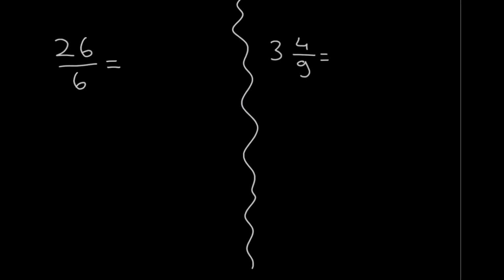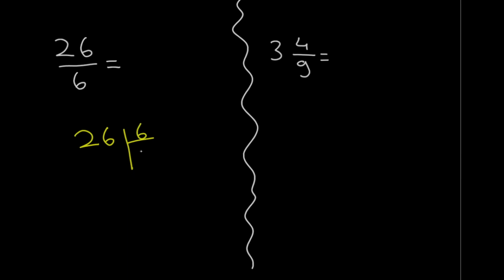Now that we know the difference between proper fractions, improper fractions, and mixed numbers, let's see how we can convert between improper fractions and mixed numbers. Here we have on the left an improper fraction, 26 over 6. If we wanted to convert that into a mixed number like the one on the right, we can simply divide 26 by 6.